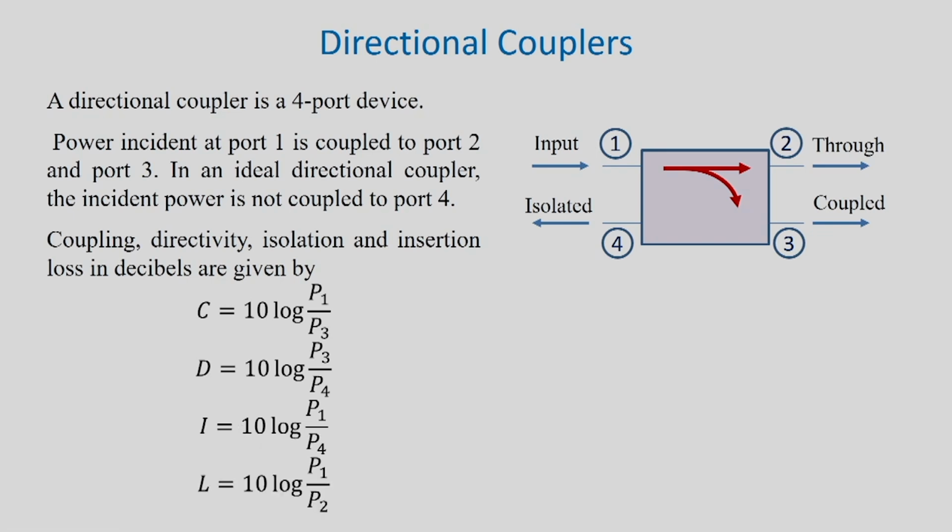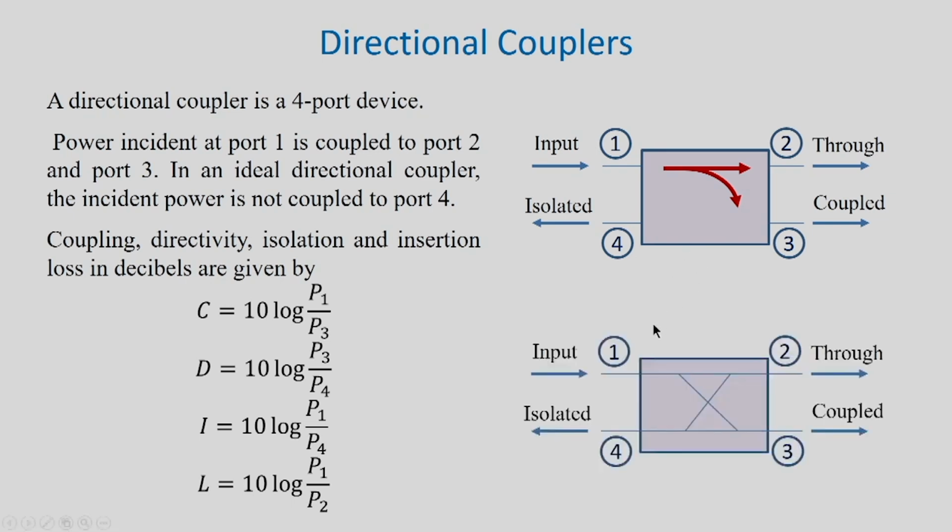The insertion loss or L is 10 log P1 by P2. So, this is one symbol which is used to represent directional coupler. Another symbol which is also commonly used in representing directional coupler is shown here.